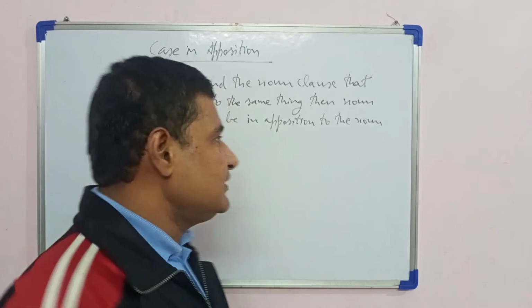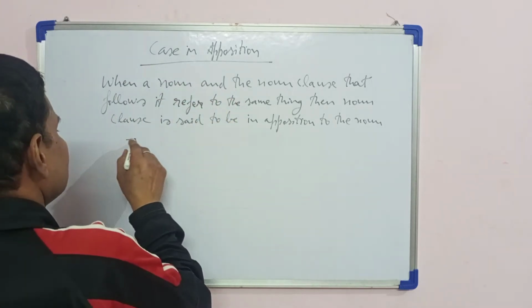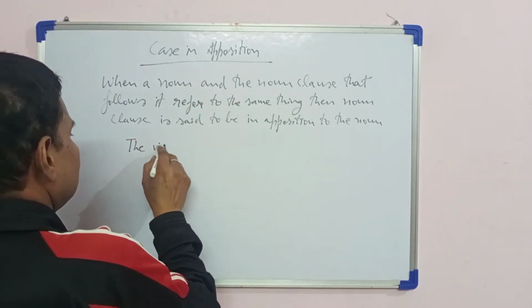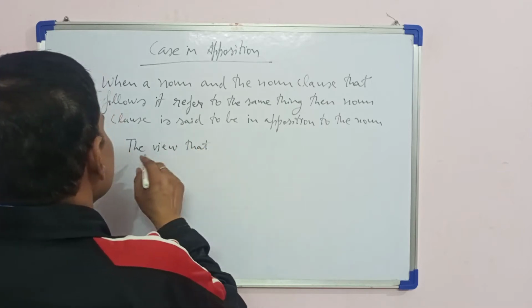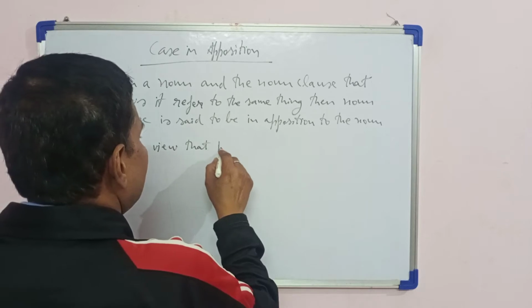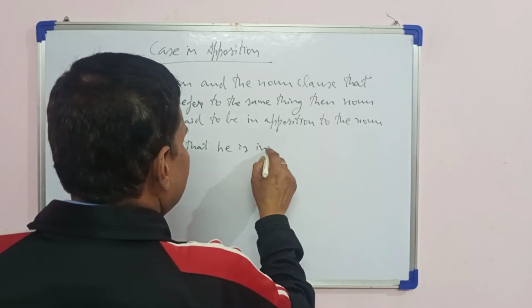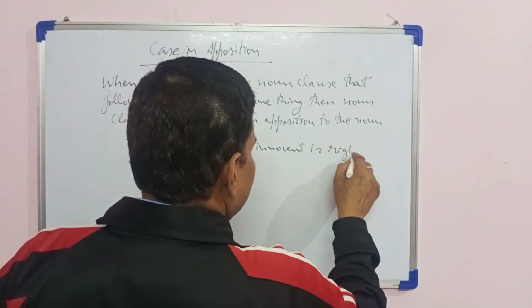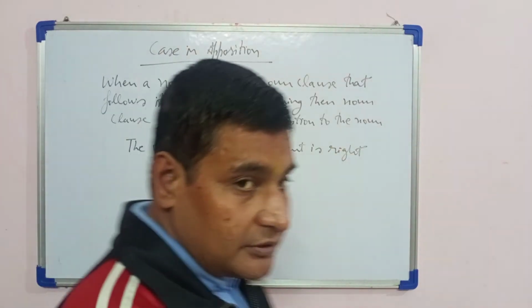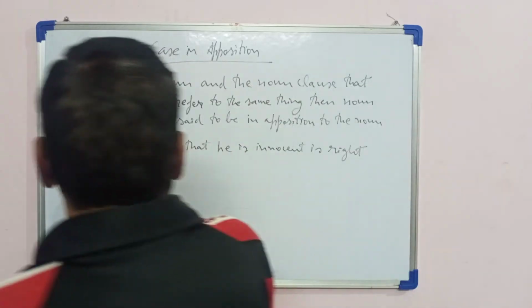Let's understand it with an example. The view that he is innocent is right.